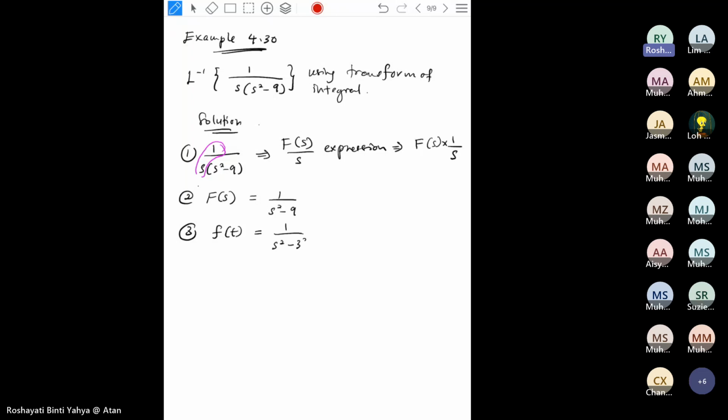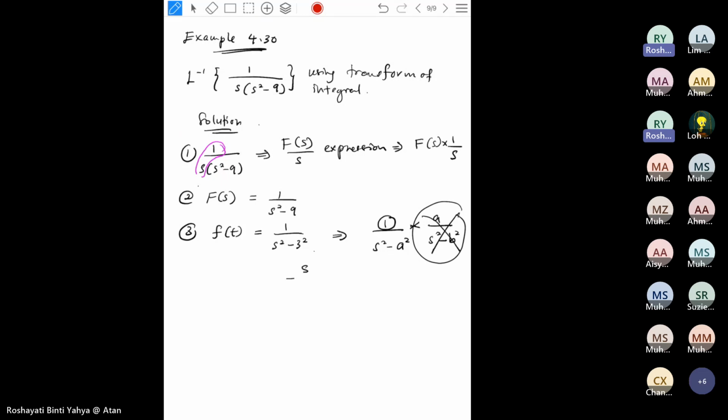So can we stop here at 1 over s squared minus 3 squared? No. Why? Because we don't have this form in the table. We don't have 1 over s squared minus a squared, or a over a squared plus or minus b squared. We have only 2 types.